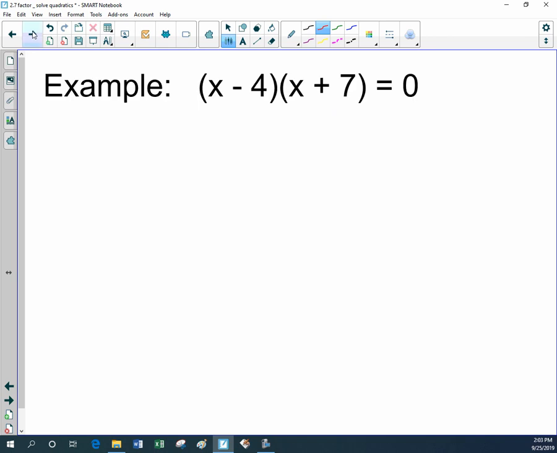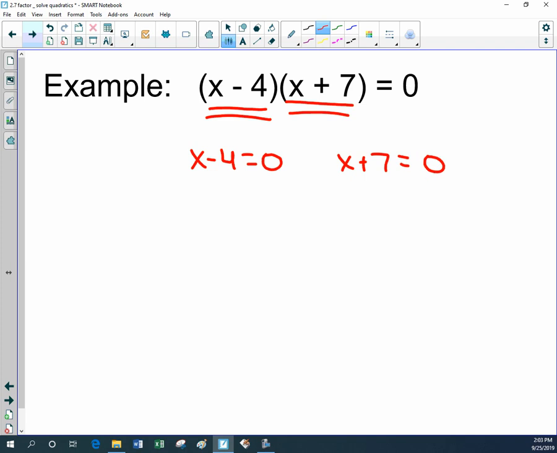If you look at this example, we have x minus 4 and x plus 7 is equal to 0. So we're trying to find out what makes this statement true. We want to find out what makes x minus 4 equal to 0, and what makes x plus 7 equal to 0.